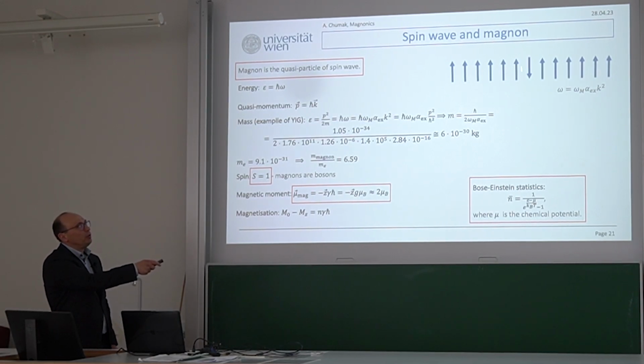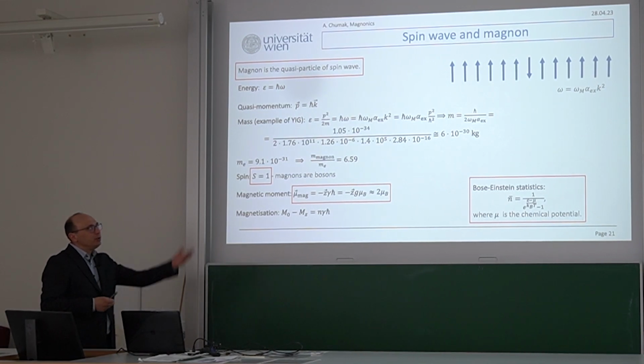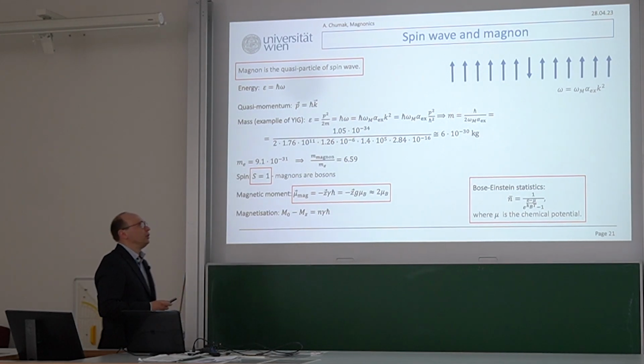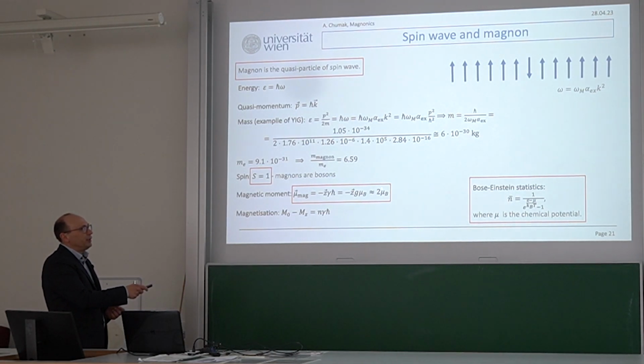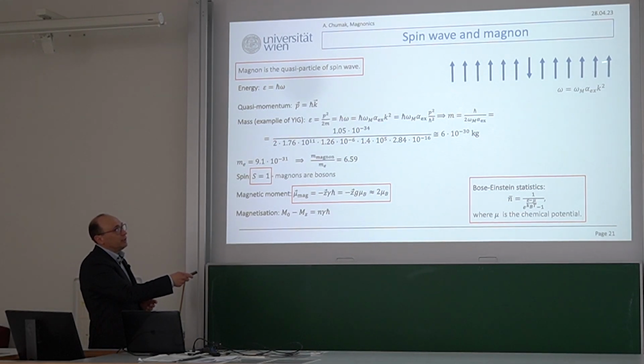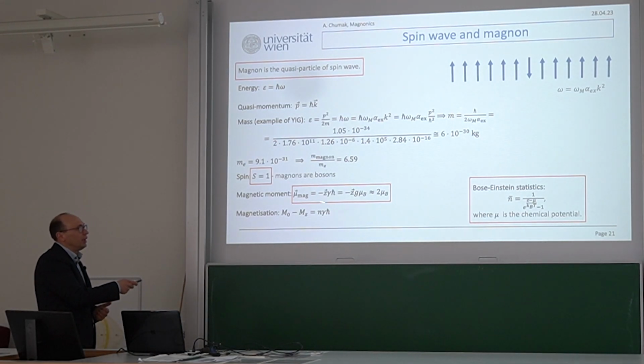If you would remove one electron out of the chain, you would change the magnetization by one Bohr magneton. But when you place it back with the opposite sign, then you add an additional Bohr magneton. And that's what you see here in this picture. How does the magnetization change? The excitation of a magnon, as we saw in this animation, changes the magnetization.